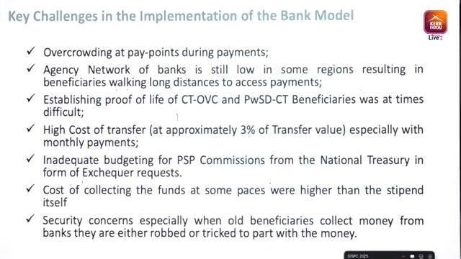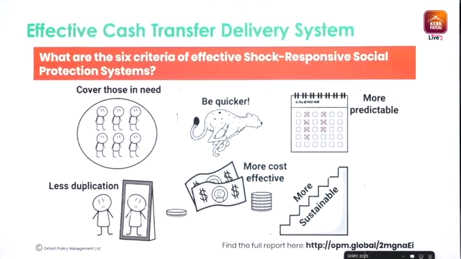Therefore, what did we want as a government? We wanted a system that is quick, covers those in need, that has less duplication, that is more cost effective, more predictable, and more sustainable. That is what we wanted.